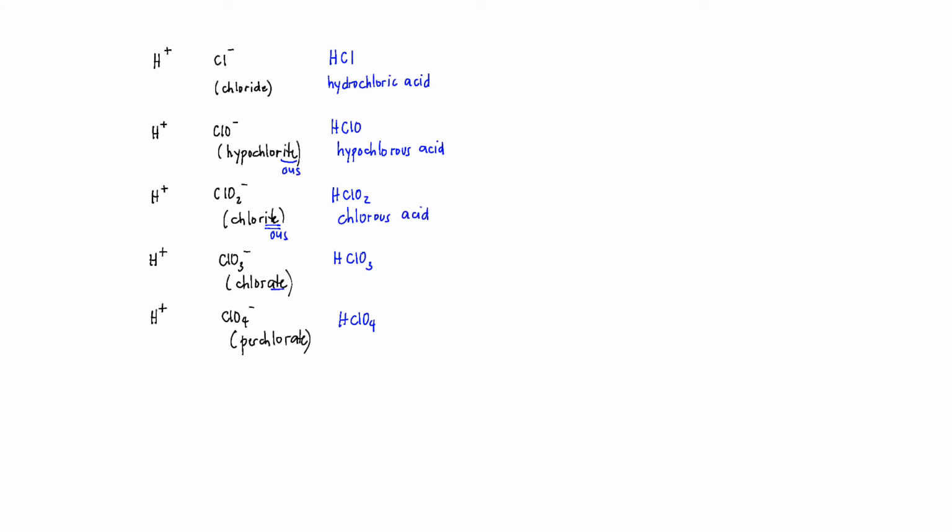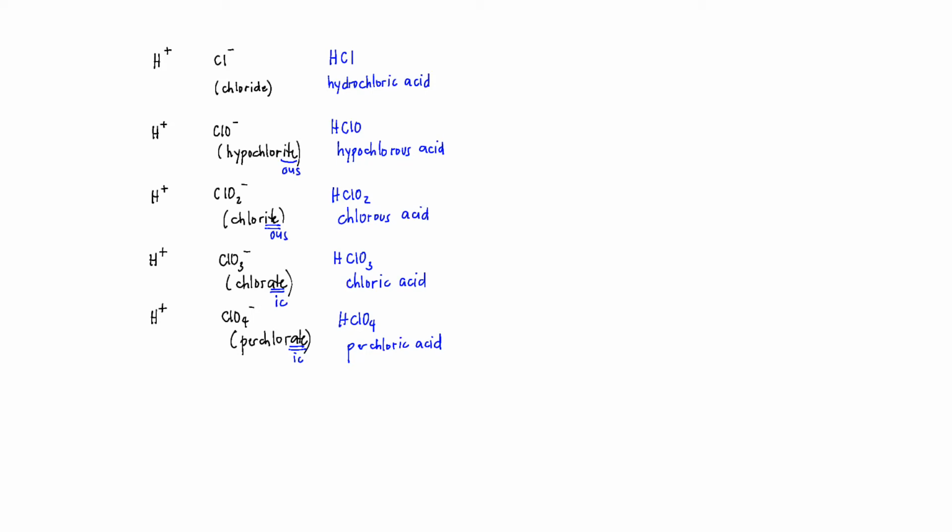And then this one is in "ate," and it will be replaced by "ic." So therefore, this one would be chloric acid. And then the "ate" here, again, it will be "ic." So therefore, the name of this is perchloric acid. So that's it.